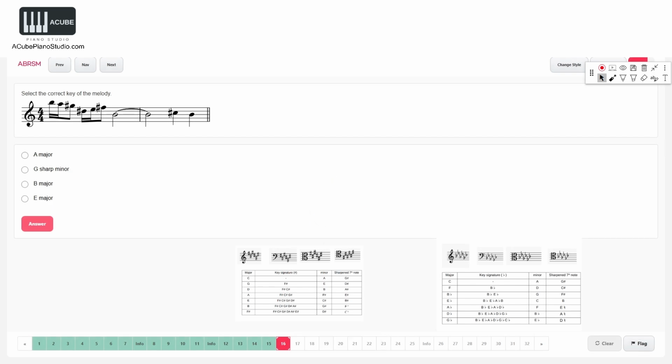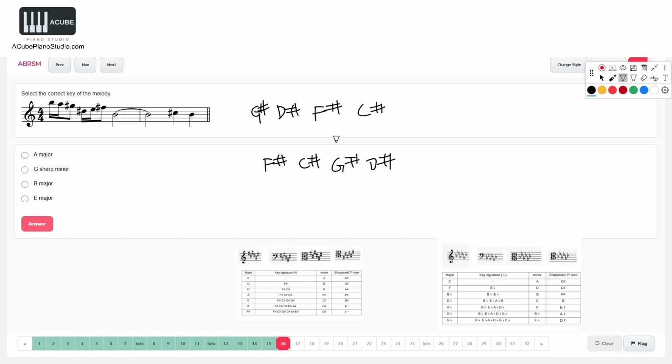Moving on to the next one, select the correct key again. Let's take a look at this. What do I have? I have G sharp here, G sharp, D sharp, F sharp, C sharp. If I arrange it, it is F sharp, C sharp, G sharp, D sharp.